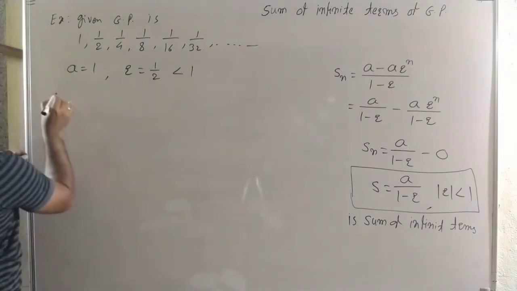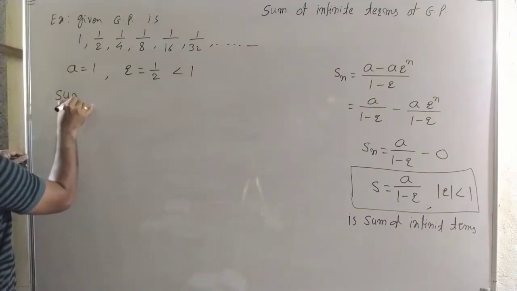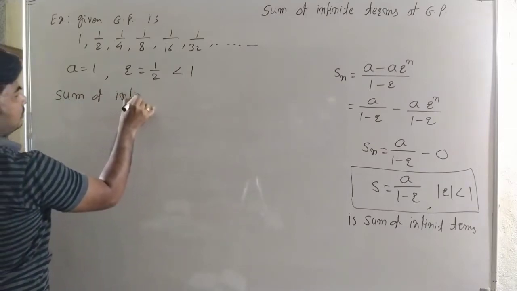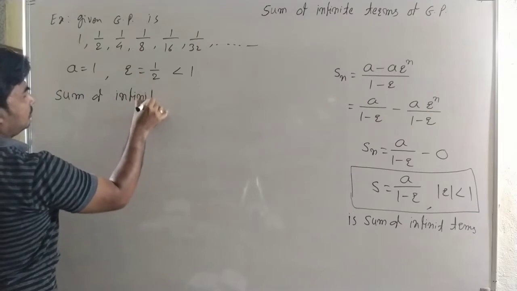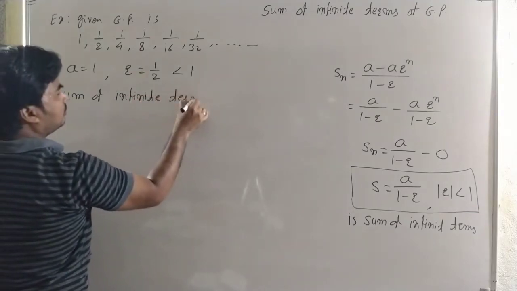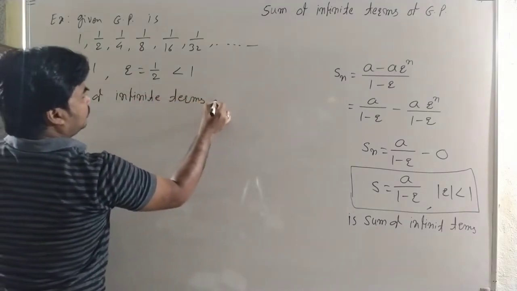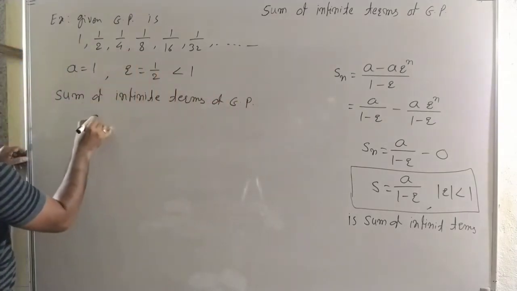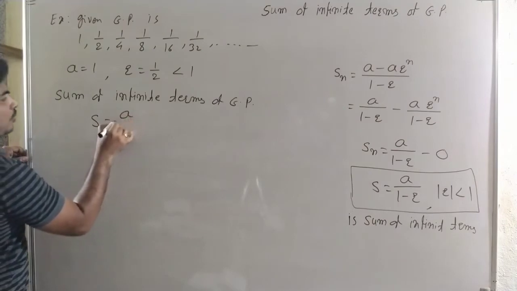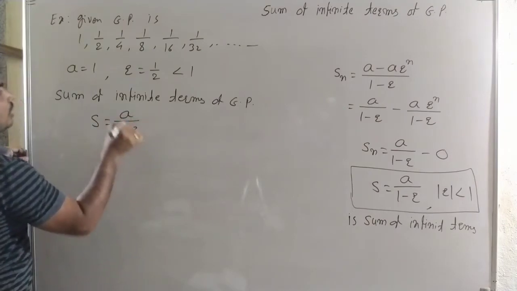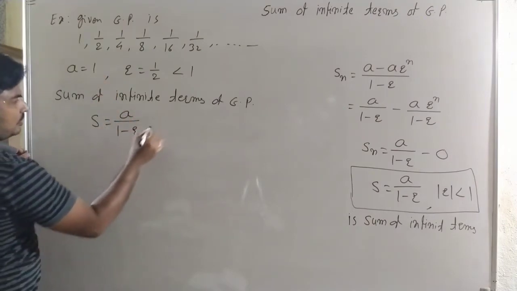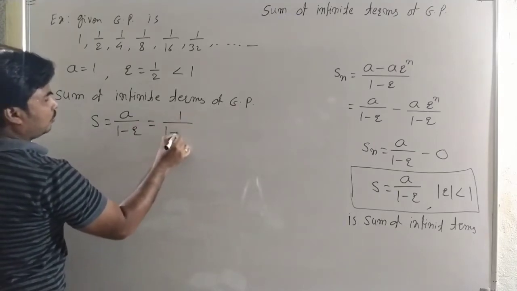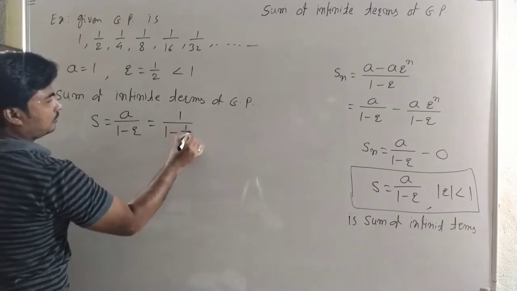So the sum of infinite terms of a geometric progression is A upon 1 minus R. Now put the values, then it is 1 upon 1 minus 1 by 2.